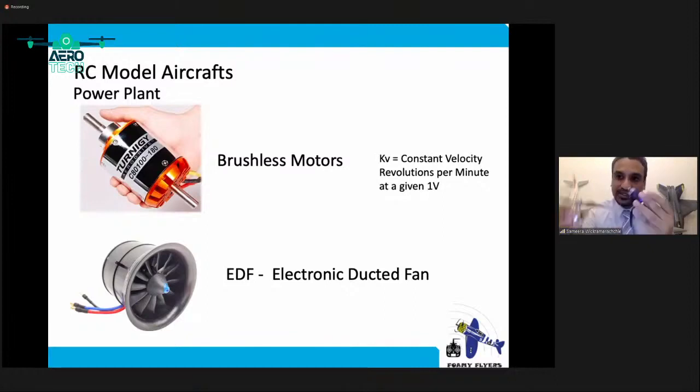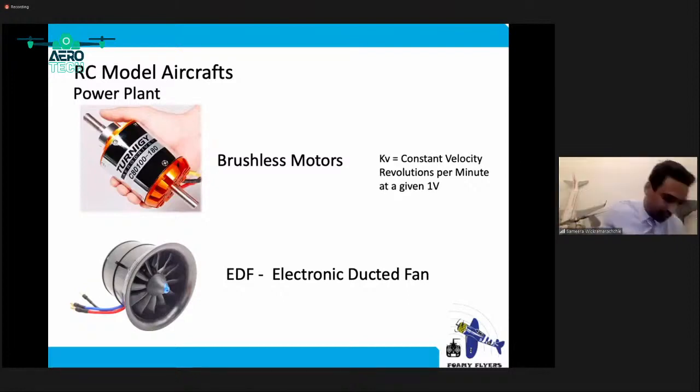I'll come to that later to give you a bit more understanding of how a propeller works. This would be able to rotate a bigger propeller than this one. By doing so, obviously, you'll have more thrust coming out of this motor than this one.